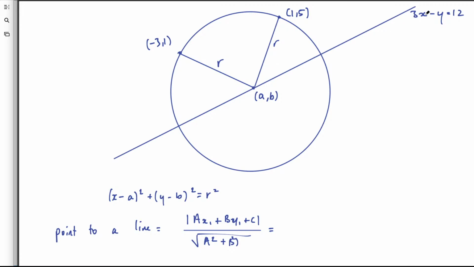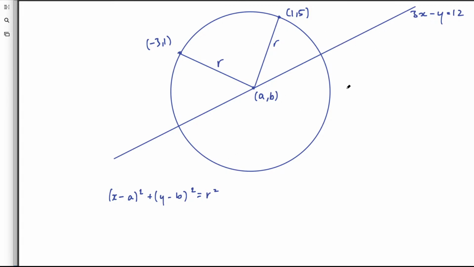So here's our line. Oh, perpendicular distance. Oh, okay. Oh, that makes a lot of sense. I was wondering why I couldn't think of where I'd seen it before.